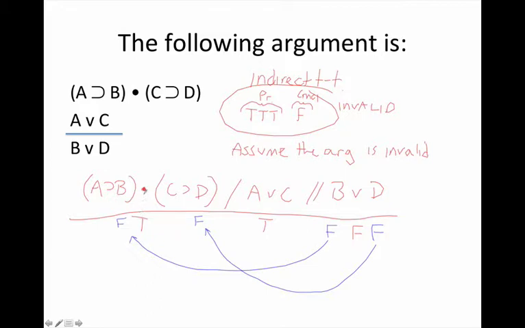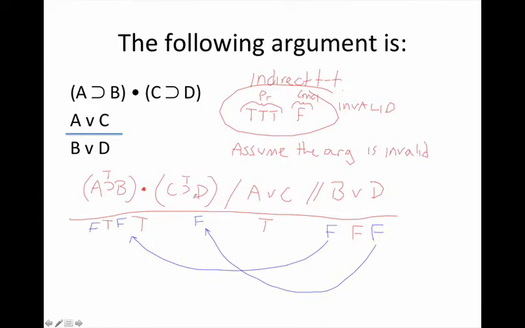For this conjunction to be true, each of the horseshoes must be true. If the consequent is false, A must be false so that we end up with a true horseshoe.